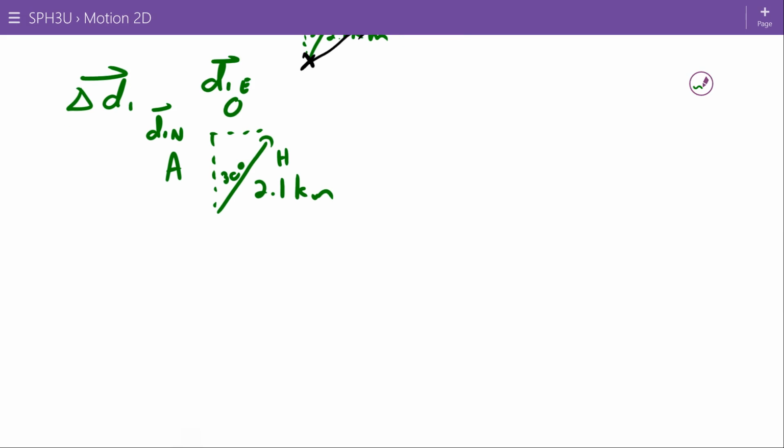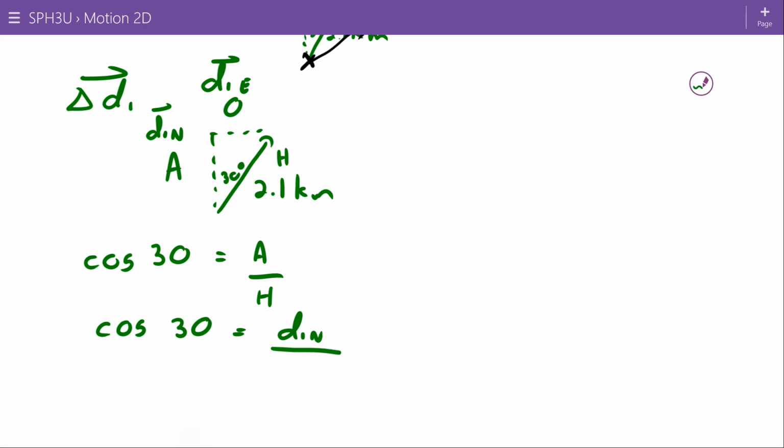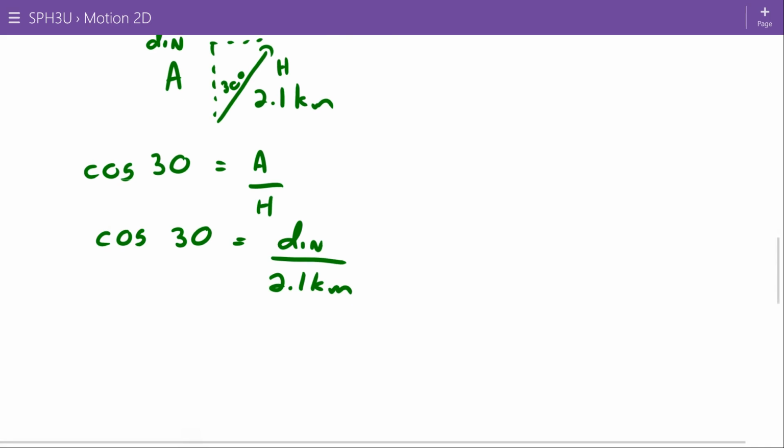Then for d1n, I have my adjacent and my hypotenuse, so I'm going to use the cosine ratio. And if I substitute, cos 30 then is going to be equal to d1n divided by 2.1 kilometers. Multiplying both sides by 2.1.